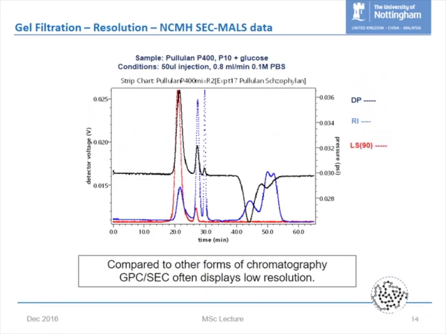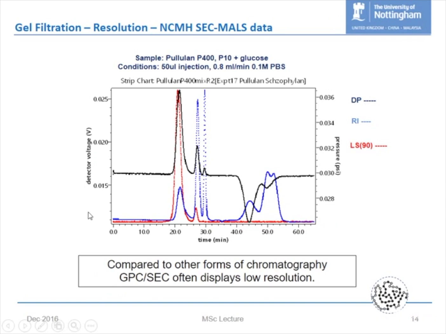Okay, some data. This is data that's come off the SEC-MALS systems that we've got in the lab. We're very fortunate because we've got a couple of detectors. We've got the Viscostar giving us differential pressure, we've got refractive index, and we've got light scattering.